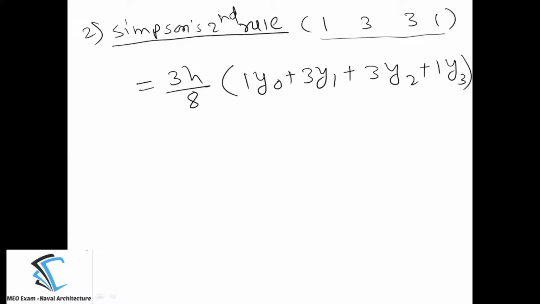Now as we have done in case of the trapezoidal rule, if you have more than 3 ordinates, or in case of Simpson's first rule, if you have more than 4 ordinates in case of the second rule, how to utilize that, how to find the Simpson's multipliers, all those things we will see once again here. Now consider Simpson's first rule.